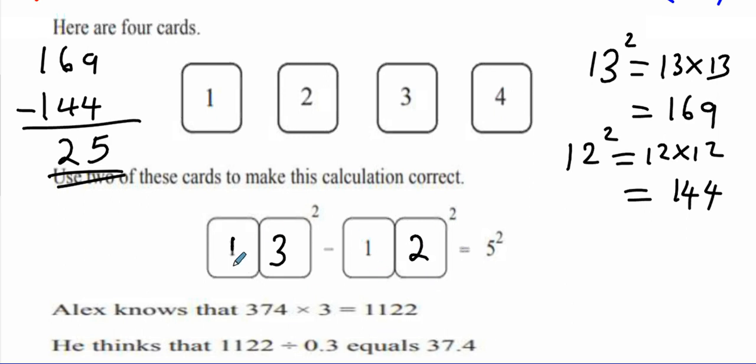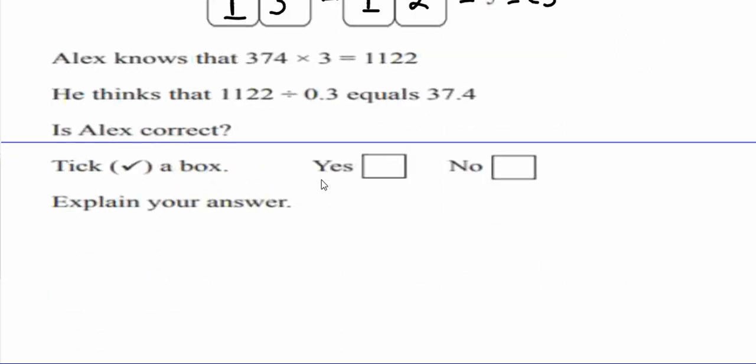And this number will become 13, and this number will become 12. So 13 squared minus 12 squared, the answer equals 5 squared, which is equal to 25. I hope that helps. Okay, let us go to another question.